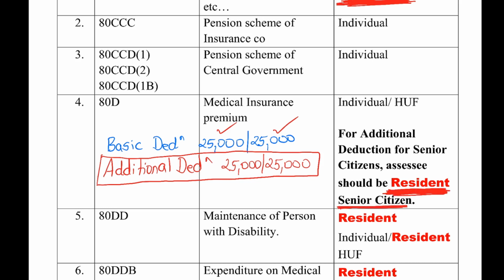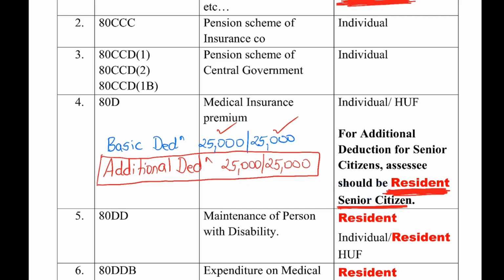So as far as this 25,000 and 25,000 basic deduction is concerned, it is available to residents as well as non-residents because the law says individual, HUF. This basic deduction is for individual, HUF. But when we want to claim the extra 25,000 which is available only to a senior citizen, the senior citizen has to be compulsorily a resident senior citizen.